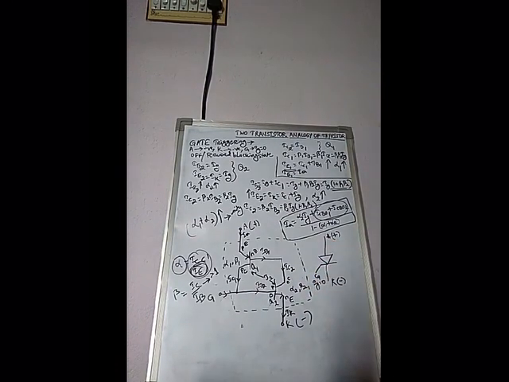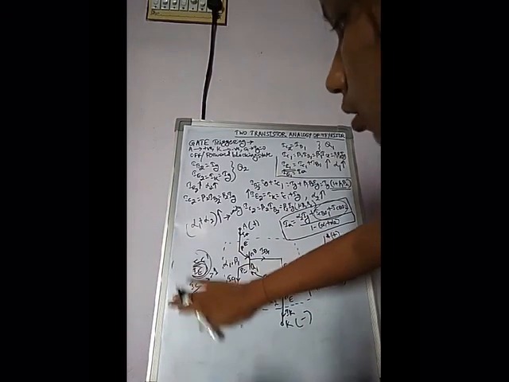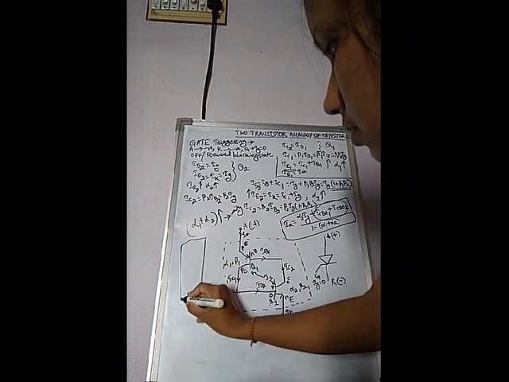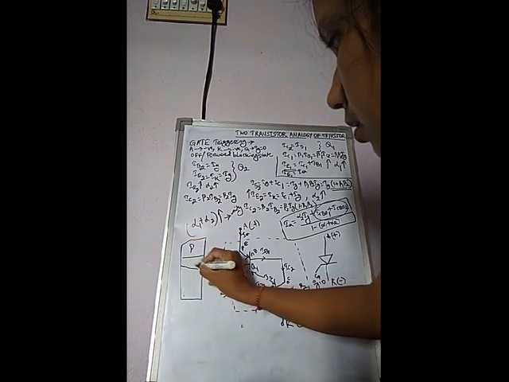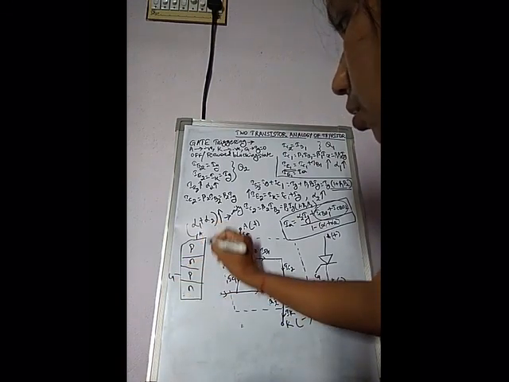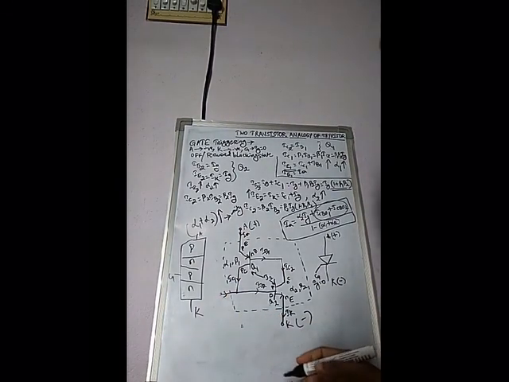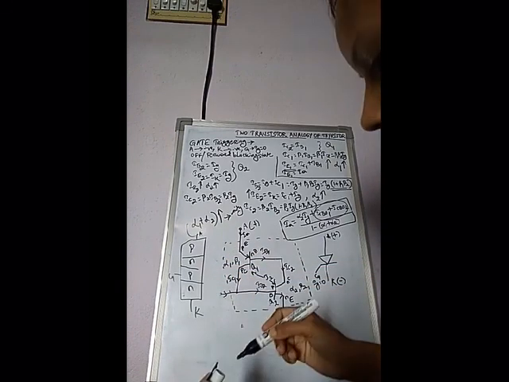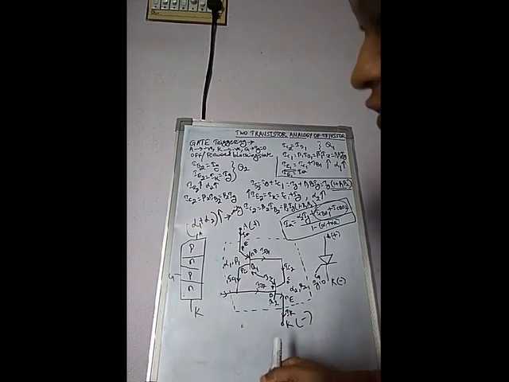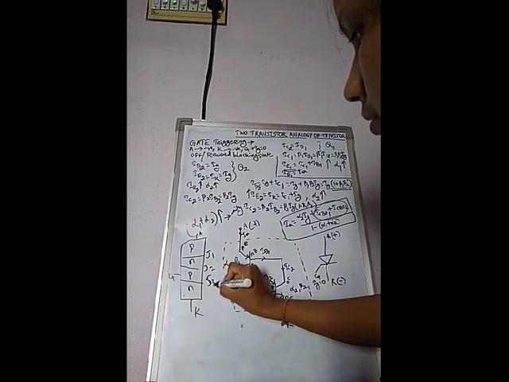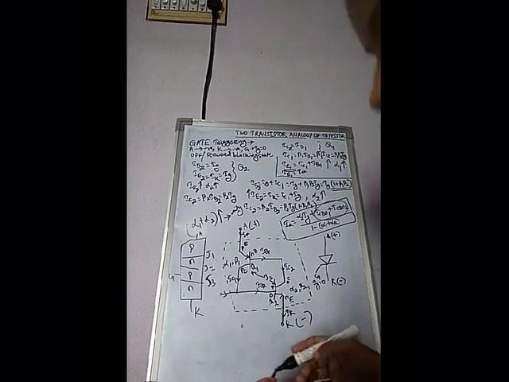So after the thyristor is turned on, all the four layers, P, N, P, N, with gate, anode, cathode, are filled with charge carriers, and all the junctions are forward biased.